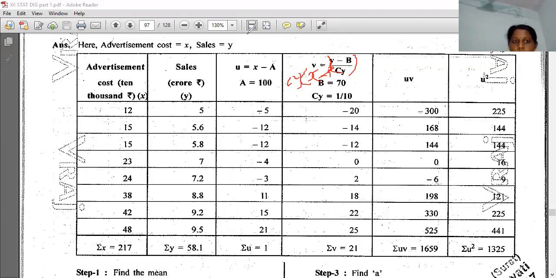If you are not understanding this, I will solve this on the board. Here they have taken cy equal to y minus b. If you are writing b in cy in bracket y minus b, and for b we are assuming like 7.